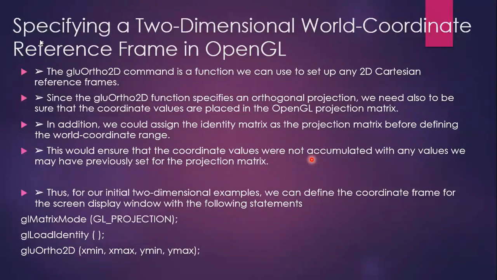Just as the screen color is cleared initially, the projection matrix is set to the identity matrix, or else other values will be accumulated there. That's why we set the identity matrix. Thus, for our initial two-dimensional examples, we define the coordinate frame for the screen display window with the following statements.